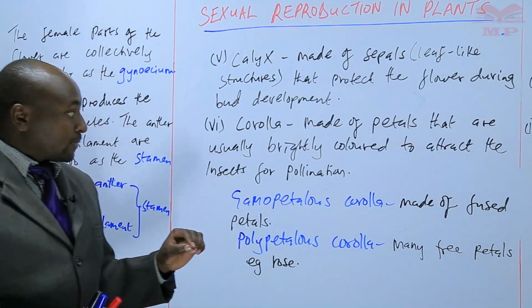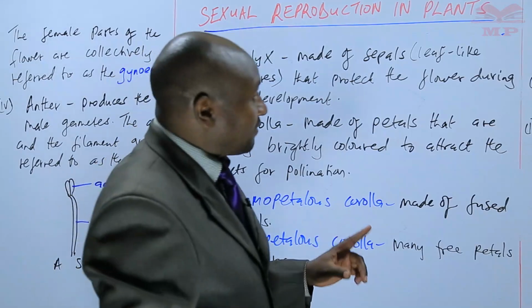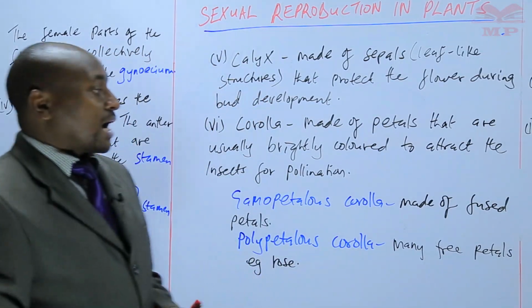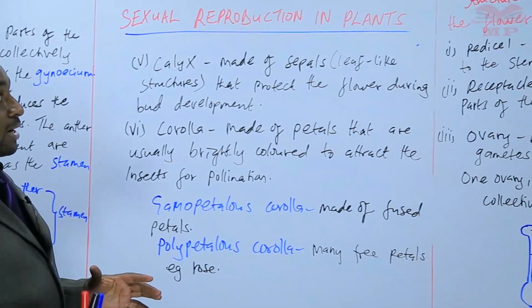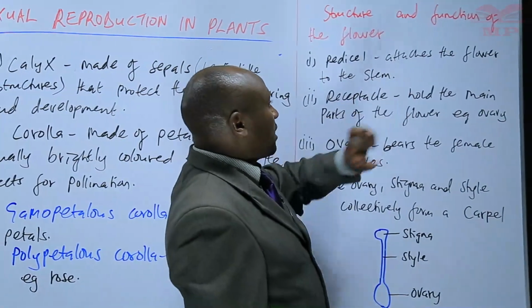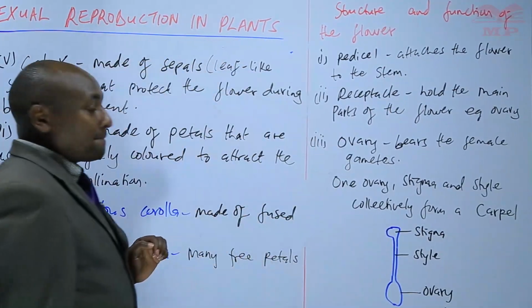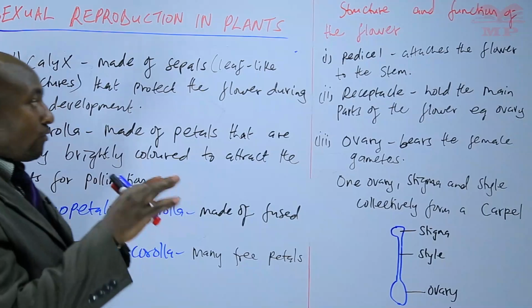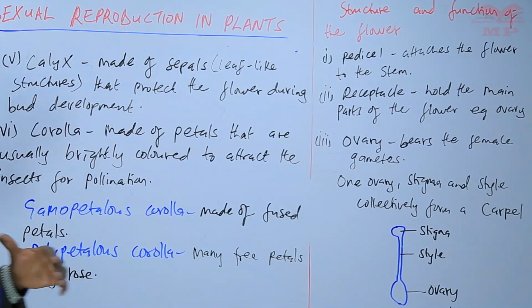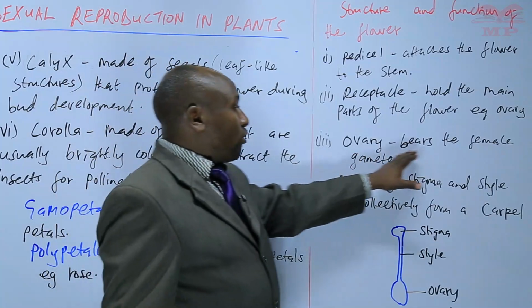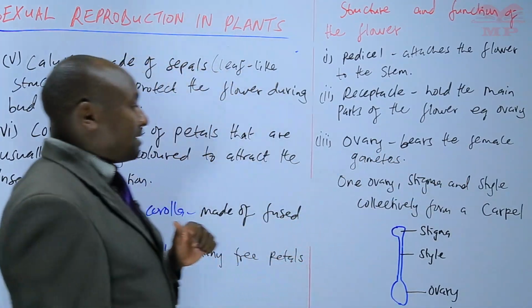But in other cases, you may find that those petals are fused together to form what we are calling a gamopetalous corolla. So what we have learned today, we have introduced the flower structure. We have looked at the main parts of the flower and their functions. The pedicel, which is the flower stalk, attaches the flower to the stem. We have the receptacle that holds the main parts of the flower together, e.g. the ovary, the petals, and so on. We have seen the ovary bears the female gametes.